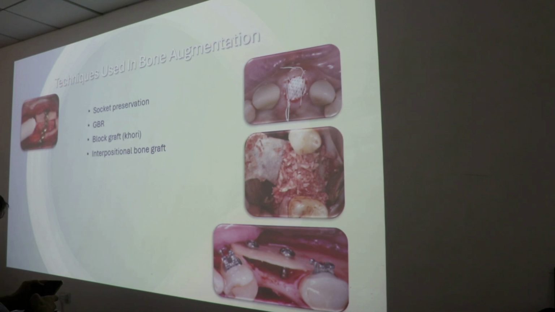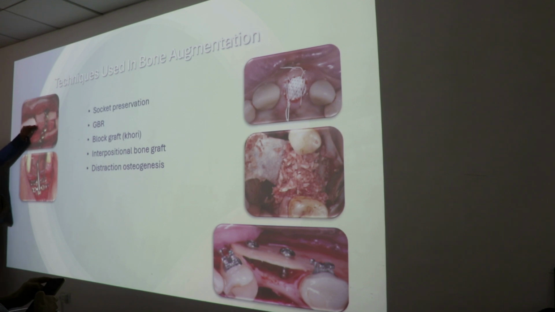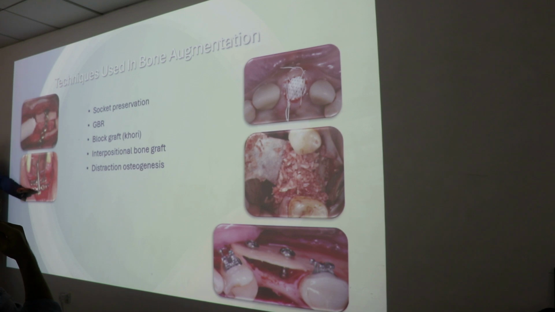Interpositional bone graft. The fifth one is distraction osteogenesis, which is to do the same segment cut and keep it attached to the original place. Put this device with a lower plate and an upper plate. The lower plate is attached to the mandible or maxilla, and the upper plate is attached to the segment.